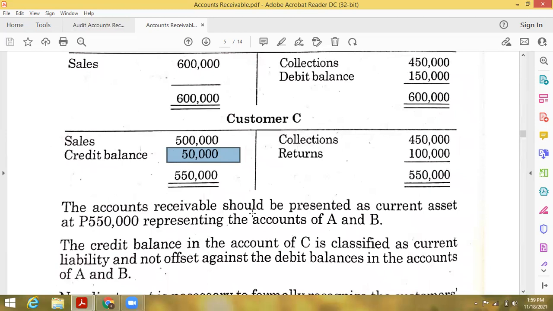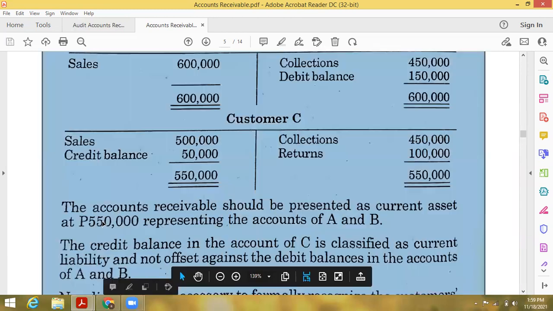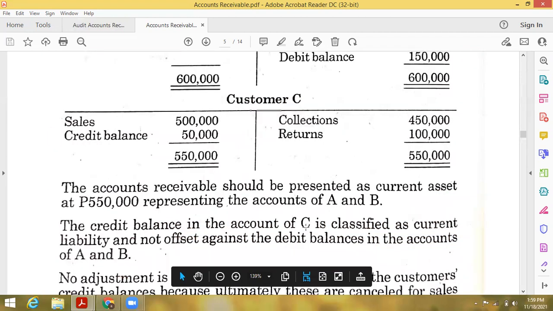So, kung titingnan natin daw dito, ang accounts receivable account natin ay ito na lang, 400 plus 150, that is 550. Then, yung credit balance ni C, kasi ang balance niya ay credit.